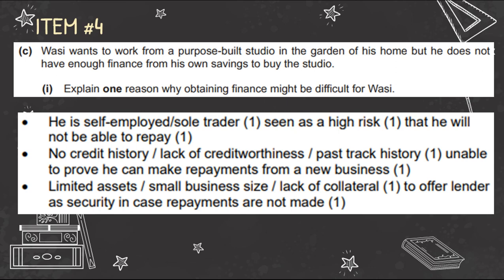Another is there's no proof of his credit history. Since he's into a new business, and he doesn't have any past track record or credit history, then it's difficult for him to get the finance.